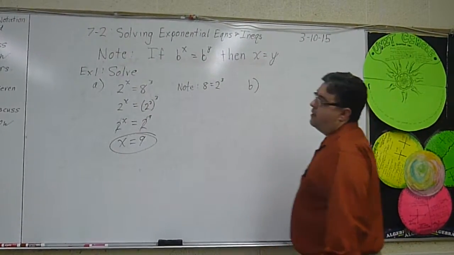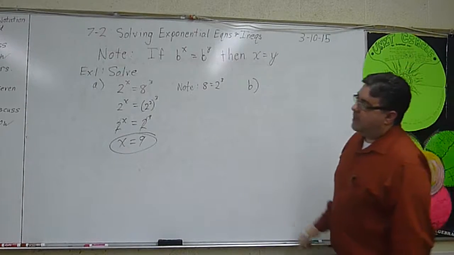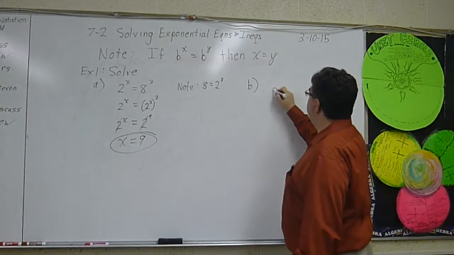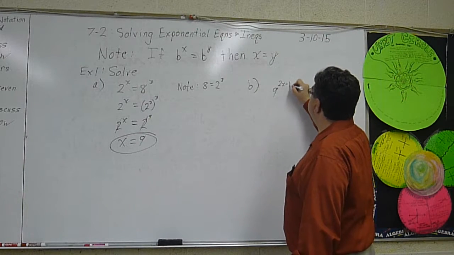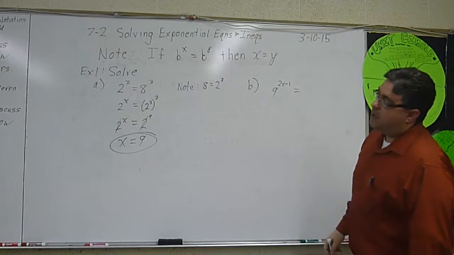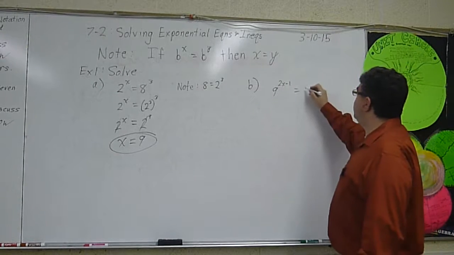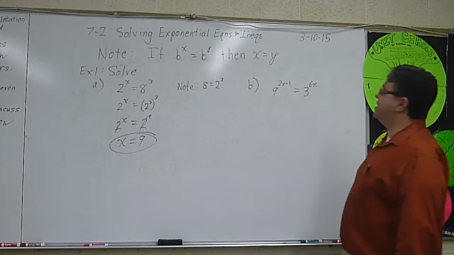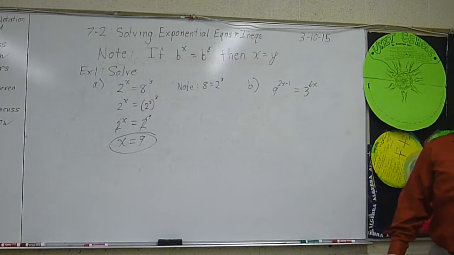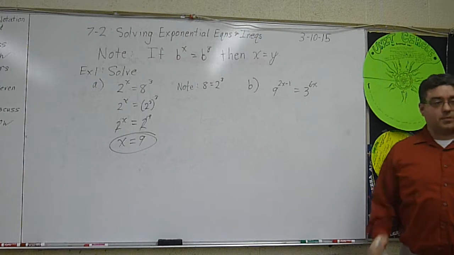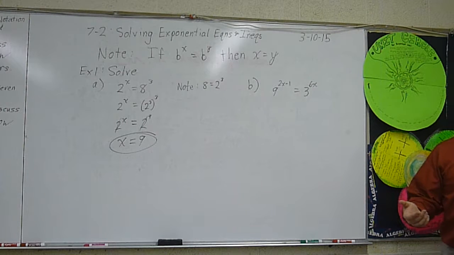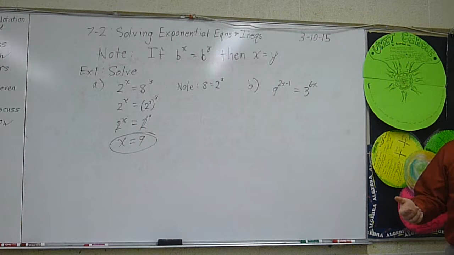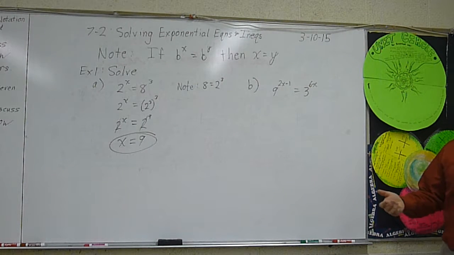Let's look at B, and B is a little more involved. 9 raised to the 2x minus 1 power is equal to 3 raised to the 6x power. What's the base I can use? 3.